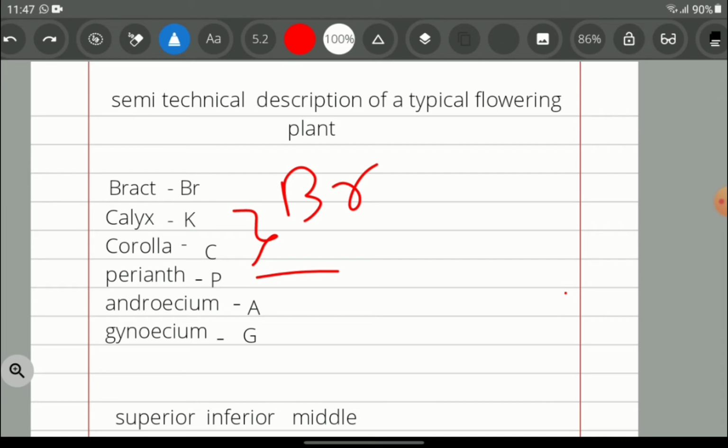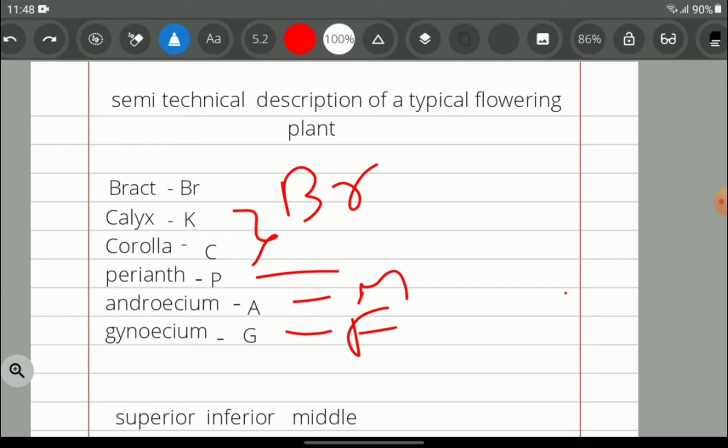Then comes the androecium, that is the male part of the flower. Then comes the gynoecium, that is G, the female part. In androecium and gynoecium also we find some different types. If the androecium, that means the filaments or the anthers, are united, let us take the example of Fabaceae.